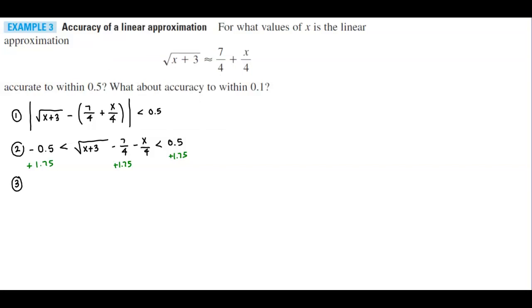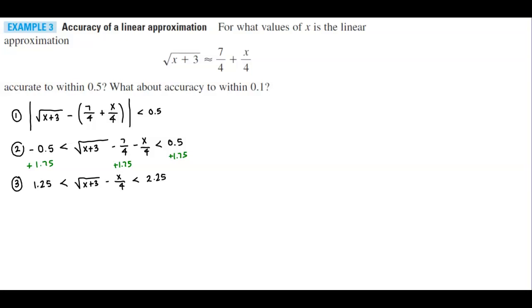So by doing that, we get 1.25, which is less than the square root of x plus 3 minus x over 4, which is less than 2.25.